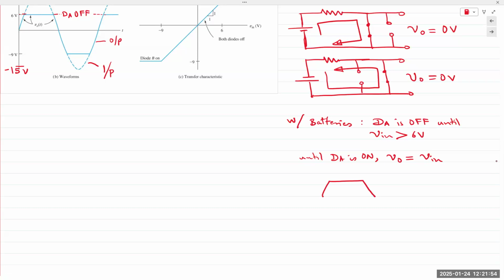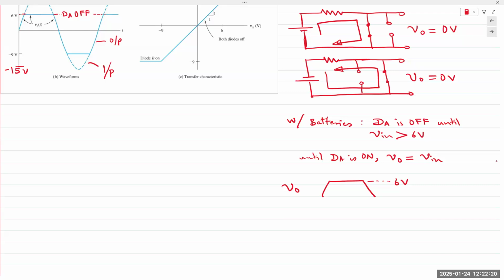So this is V out. And this is at 6 volts. So the portion of the 15-volt positive supply that was coming is now clipped, hence a clipper. Let's take a pause. Let me know if you have questions.